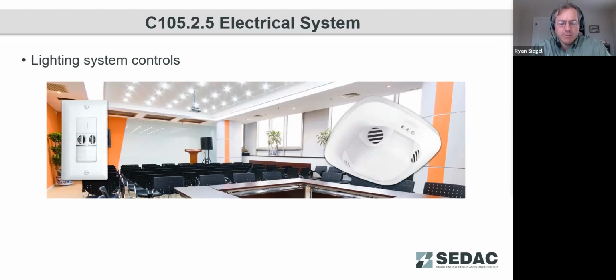Part of the commissioning process is not only making sure that they are present, but are they in the correct location? Are the indicator lights working? Is their coverage area set up properly? This would also be where your time delays, your sensitivities, and the like come in.